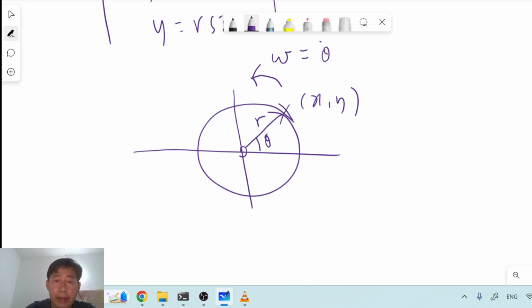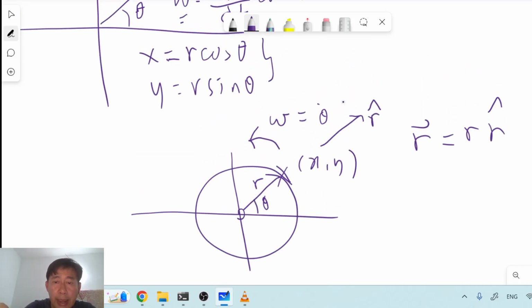So if you look at the coordinates in the polar system, the position vector r is actually given by r cap, where r cap is the radius unit vector pointing radially outwards, and also you have a theta cap, which is the unit vector pointing in the direction of increasing theta.